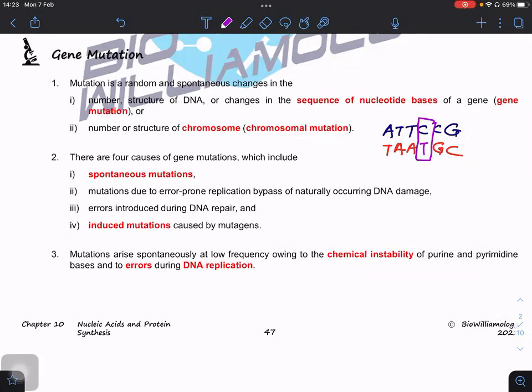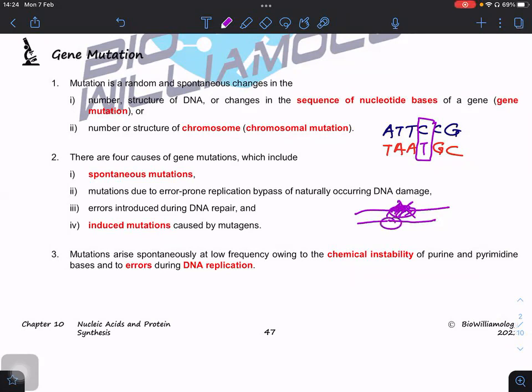Are you clear? Now, second, the mutation due to error-prone replication bypass, or naturally occurring DNA damage. Sometimes our DNA gets damaged here and there. During DNA replication, when some part of the DNA is damaged, DNA polymerase may bypass this region and then continue.